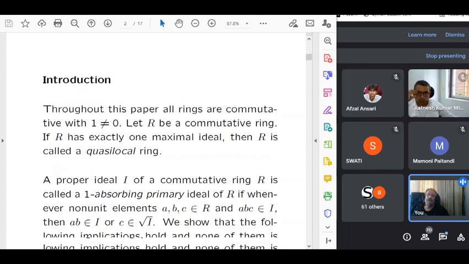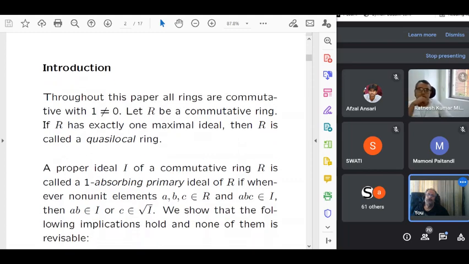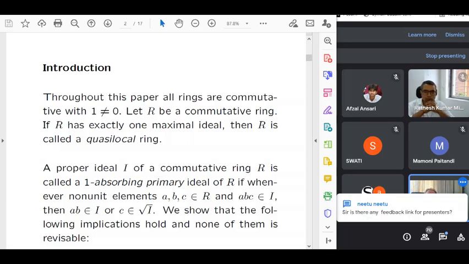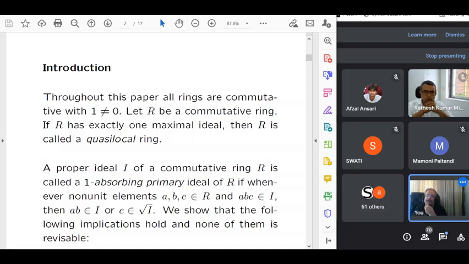So if you have a proper ideal I, we call it one absorbing primary if whenever non-unit elements a, b, c in R, so here you have to pay attention about a, b, c, they are non-unit elements, and abc is in I, then ab is in I or c is in the radical of I. That's the definition of one absorbing primary ideal.